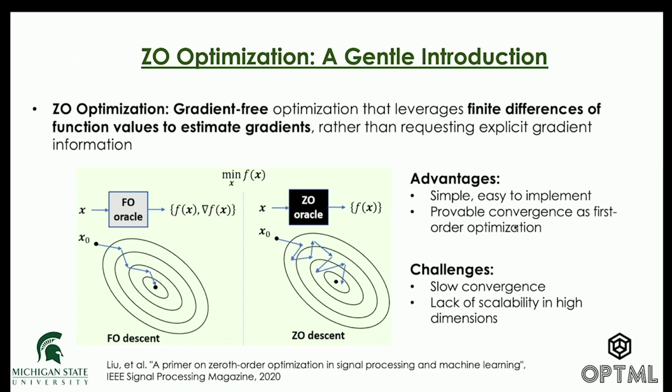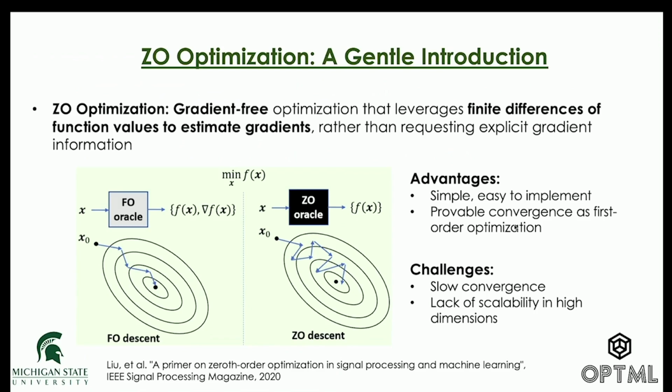And in theory, there are also several very good properties for Zeroth-Order optimization compared to traditional derivative-free optimization methods. People have found that Zeroth-Order optimization is provably convergent compared to some other methods like Bayesian optimization and genetic algorithms.